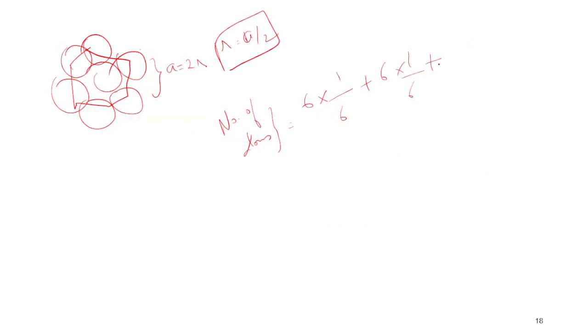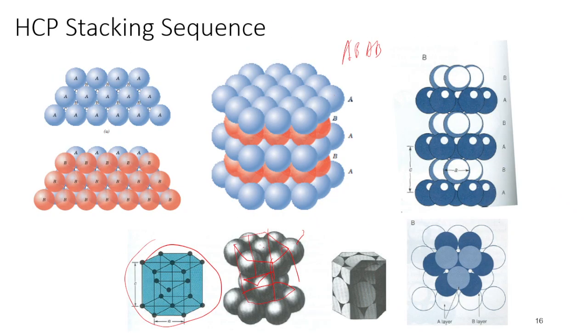So that is 2 atoms at the bases, or we can even say face, which are in turn shared by 2 unit cells. Plus, sorry, we have 3 separate exclusive atoms just for this unit cell.